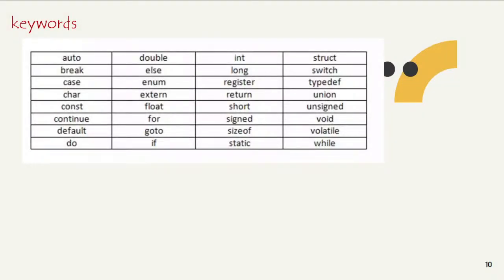And the next token is keywords. In C programming language or any programming language, keywords are reserved words which are used for a specific purpose.